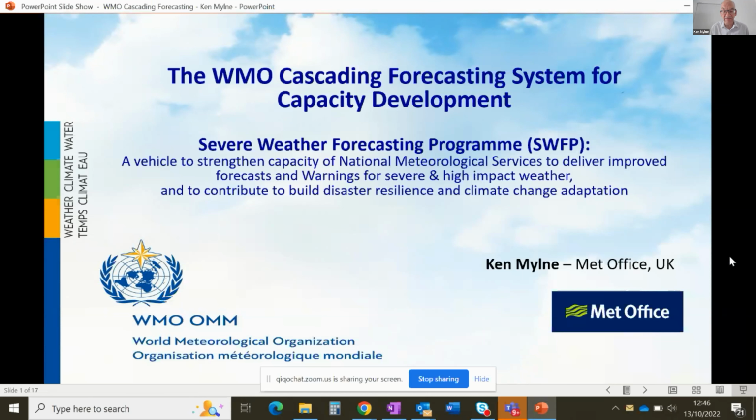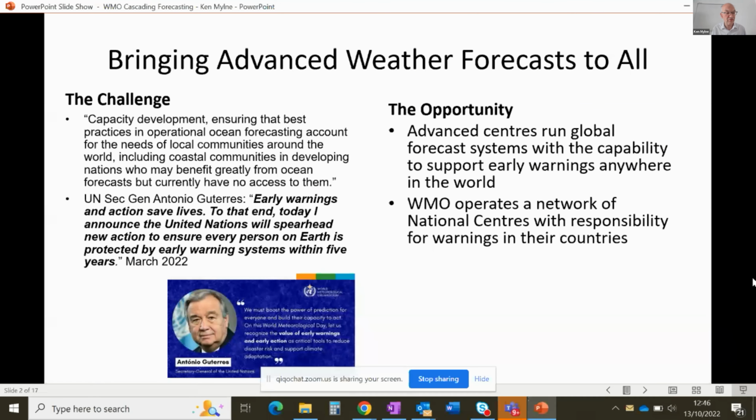This is a mechanism that we've used in weather forecasting to try and support capacity development in developing countries, in least developed countries around the world, and which I think could be easily modeled for capacity development in the developing countries. It is, to some extent, a top-down approach, but it's a top-down approach which still tries to engage the national Met services and therefore be fully engaging of the local Met services as well.